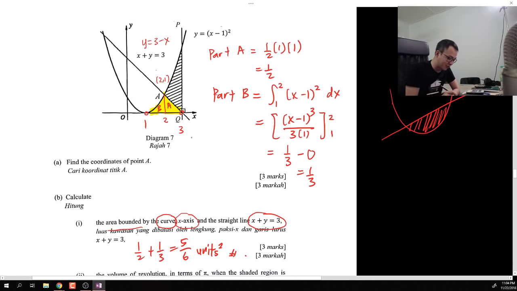So this one will be the area here. You might think about how about this area, but this area isn't surrounded by the straight line, right? You have the x-axis and the curve, but you do not have the straight line. So I will not choose this area. You might think about how about this area. This area has the curve and the straight line, but you don't have the x-axis. Therefore you need to find the area surrounded by all three of these lines.